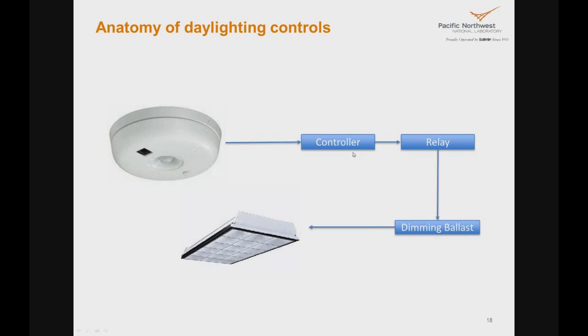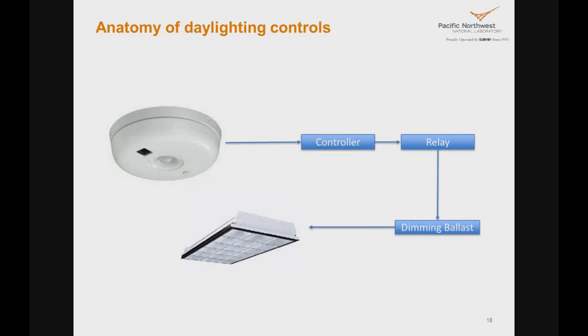The sensor sends a signal to the controller, and then the controller presumably has been calibrated for that particular space and that particular design. And based on its internal logic and the signal that it is getting from the sensor, it controls relays, which then communicate to the dimming ballast about how much the lights should be turned down. So this is pretty much how the system works.